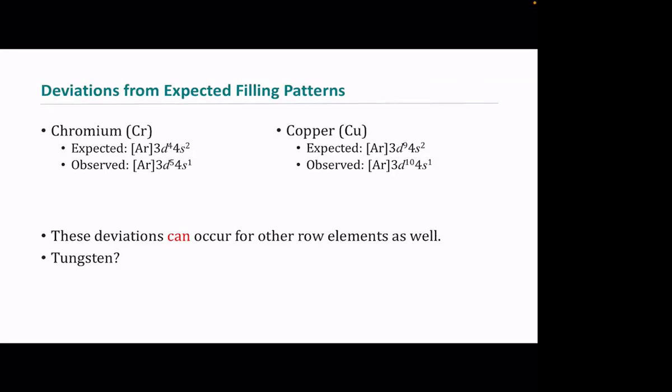So these deviations can occur for other row elements as well. You'll see it for molybdenum, which is right underneath chromium. You'll see it for silver. You'll see it for gold. Gold is AU, silver is AG, molybdenum's MO. However, tungsten doesn't exhibit this characteristic. And don't ask me why. It's probably something to do with a balance of effective nuclear charge and shielding, that it's just not the same as I move over the periodic table.